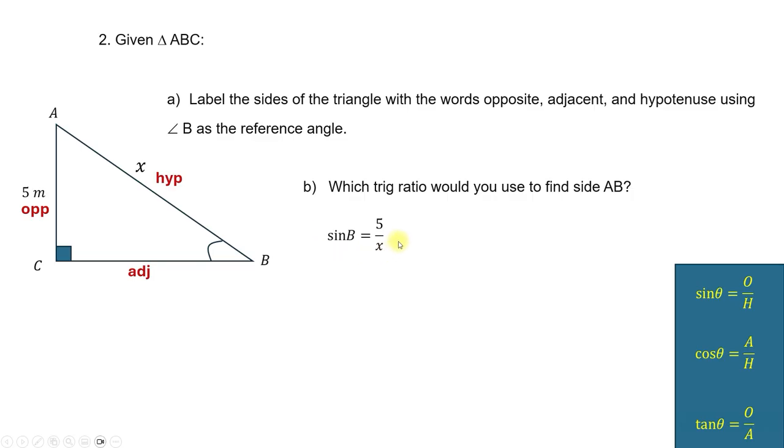They're simply asking us to state the ratio. Well, the ratio that has to do with opposites and hypotenuse is the sine. So we can say the sine of B will equal 5 over x. And that's all the information we have. We don't have enough information to continue to solve for the angle or for x.